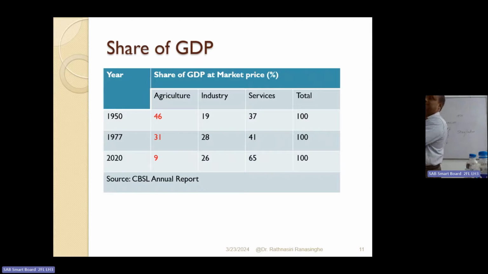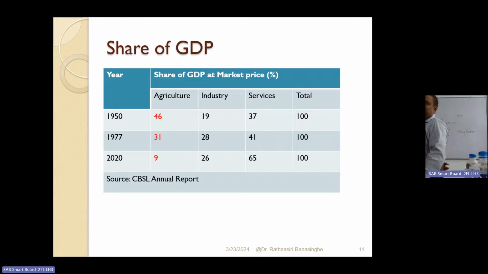With the industrialization strategy that we used after 1977, the manufacturing sector, the second sector, contributed 31% in 1977. Now it is 26%, even though we introduced export-oriented industrialization.